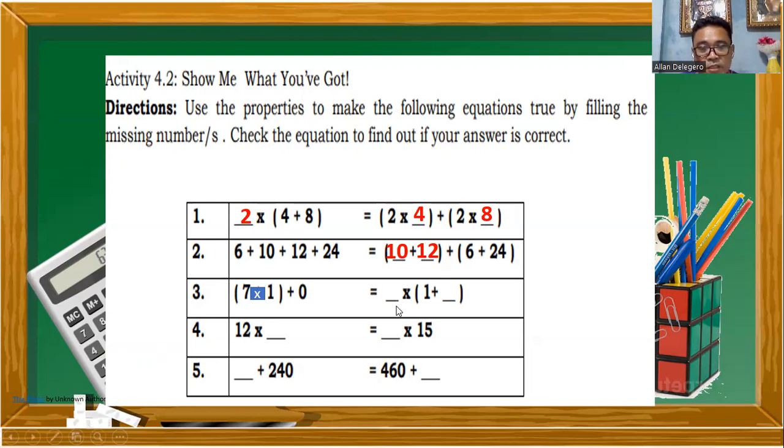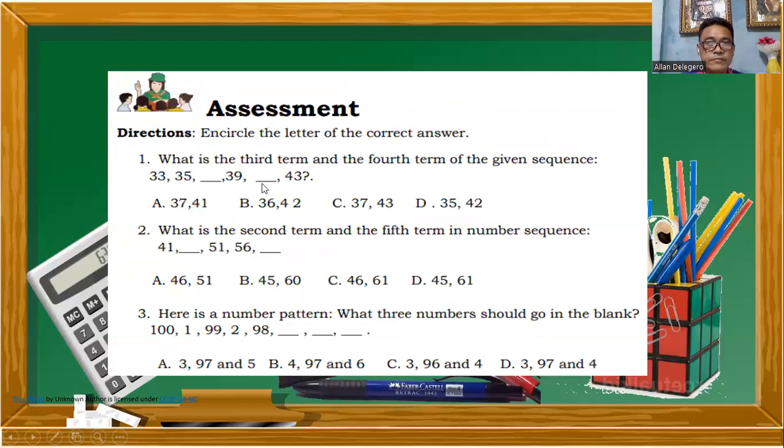So the missing numbers are 7 and 0. For number 4, 12 times 15. Then here, the missing number is 12. For number 5, the missing number is 460. Here, 240.